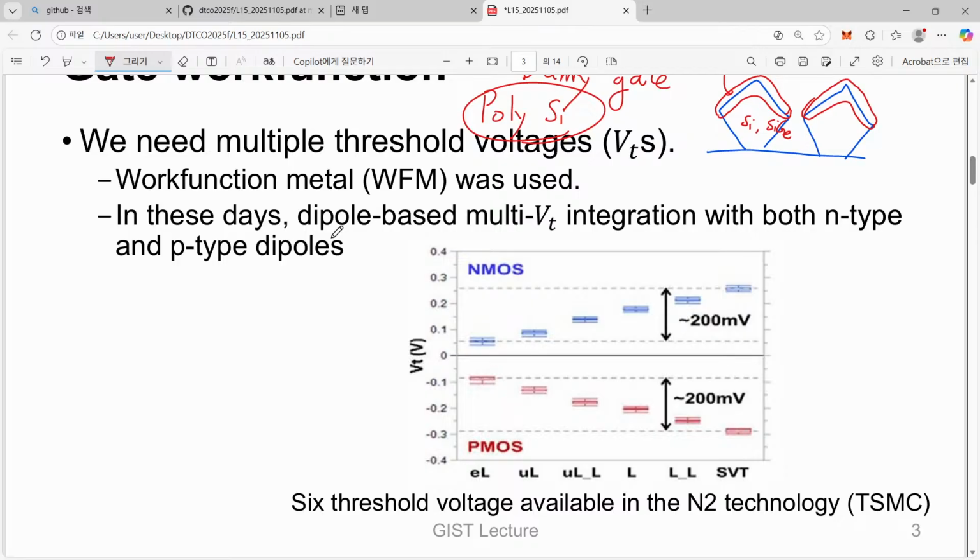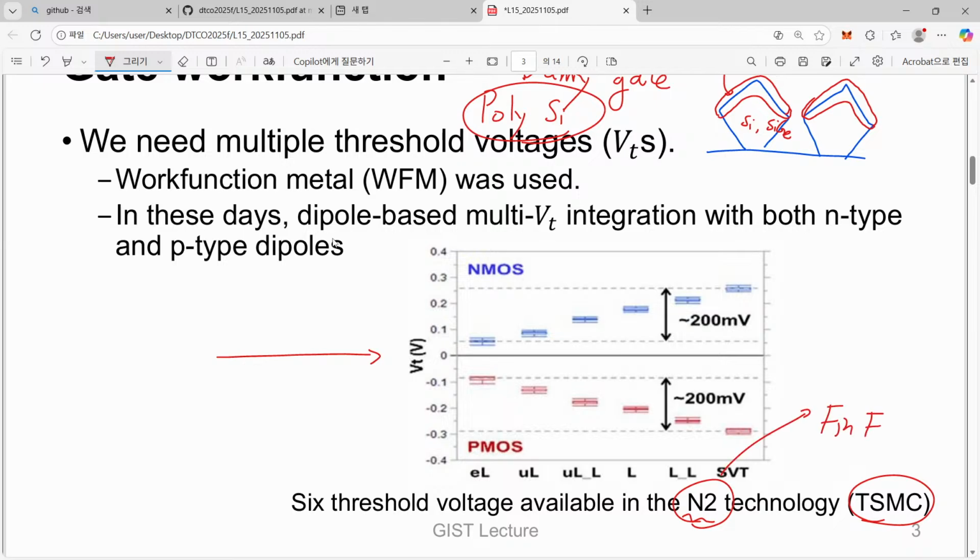First of all, we have to understand this situation. This is a TSMC presentation, maybe from last year. I don't remember exactly, but anyway, it is for their N2 technology. Of course, N2 technology is no longer related with FinFET.